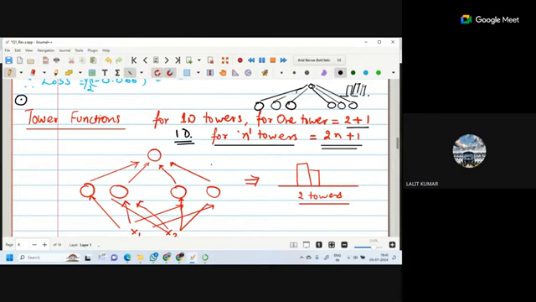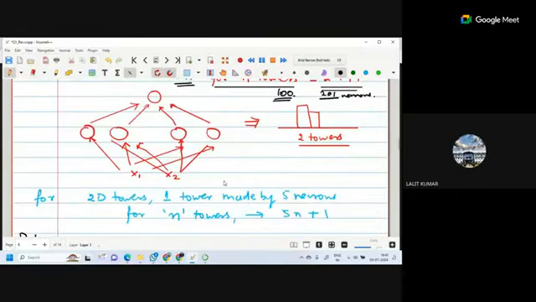Is that clear? Anybody? Any doubt in this? So to build 100 towers, there is a question, I think, in the GA. We will have 201 neurons. Similarly, when we build 2D towers, one tower is made by 5 neurons.